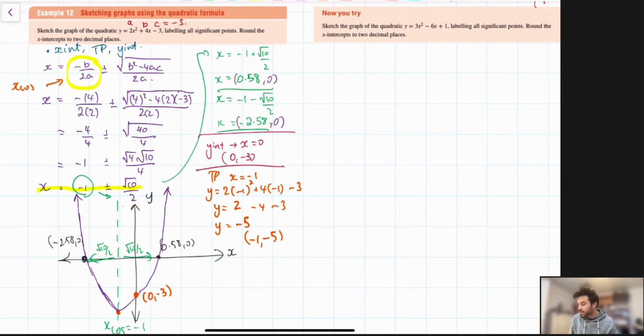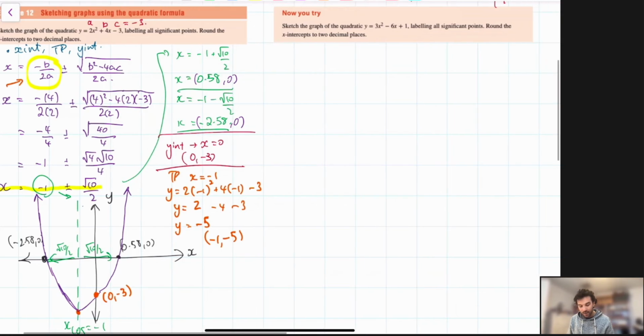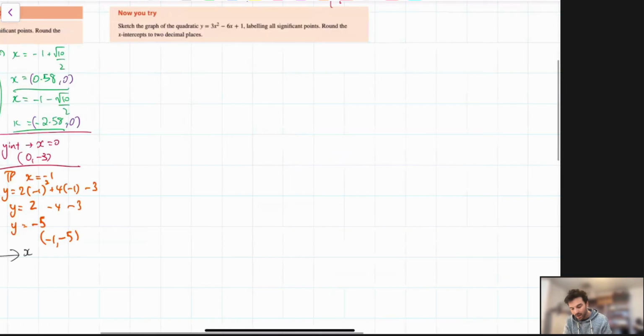Okay, we're going to go through the answers to this example here. So first thing, let's go across. We should have something like this, using a quadratic rule.